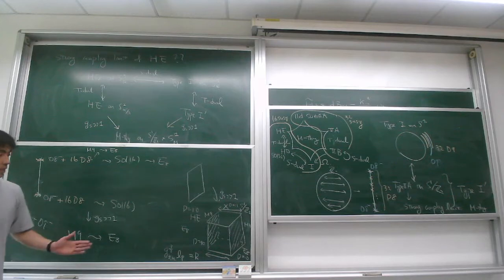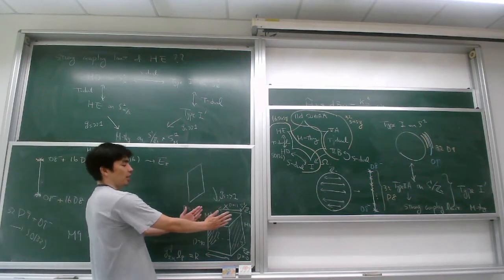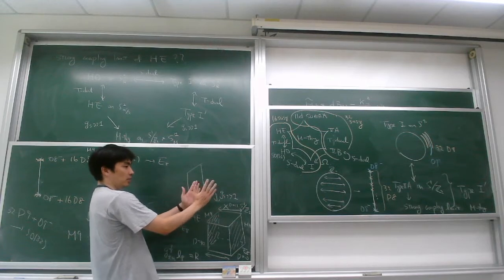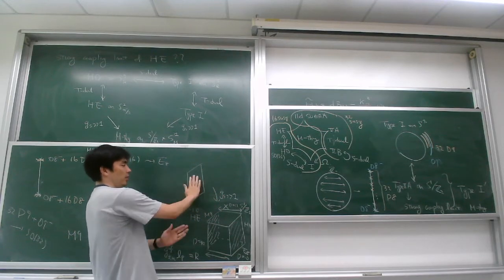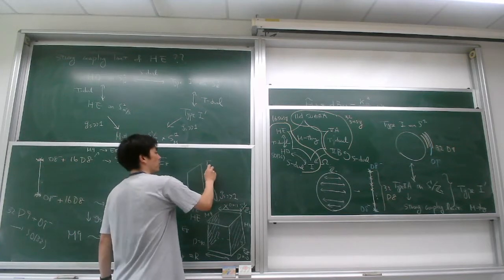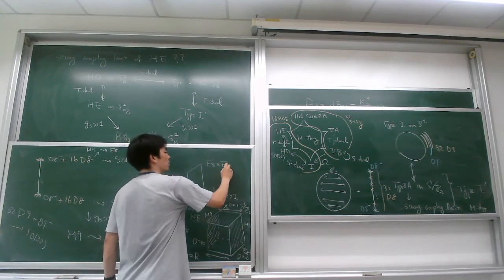Once you take weaker coupling limits, these E8 planes squeeze together, and at the end of the day, you get E8 plus E8.